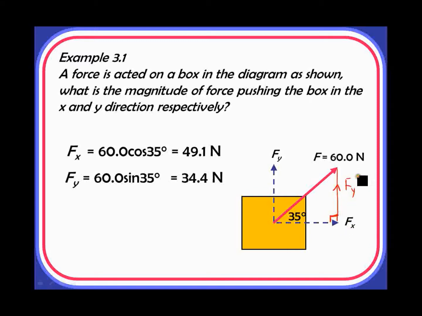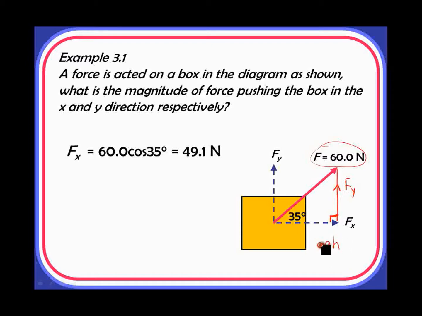So Fy will be the vertical component, Fx will be the horizontal component. Then this 60 Newton is actually the resultant. So to find your Fx, Fx is the adjacent, F is your hypotenuse. So you have adjacent, you have hypotenuse.